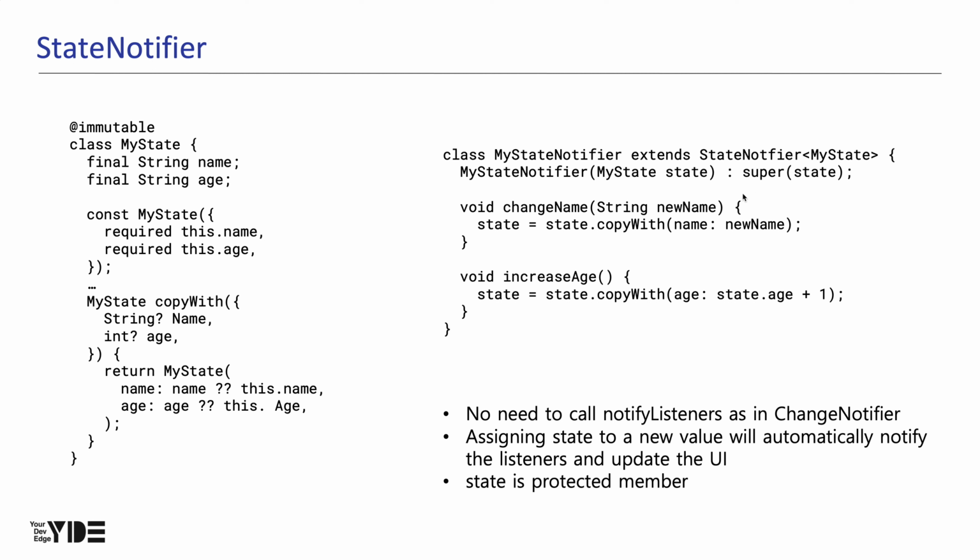And StateNotifier, as handled by the app, is usually used in the form of extending StateNotifier. Use a constructor to set the initial state and define a function to create a new state. You don't need to call notifyListeners after changing state. When state changes, listeners are automatically notified.